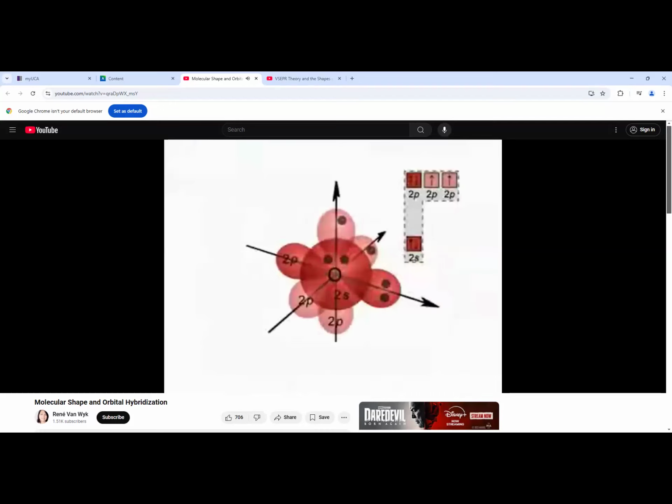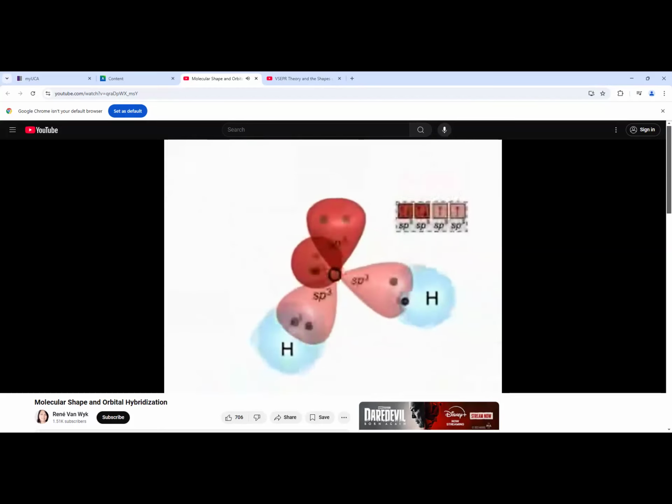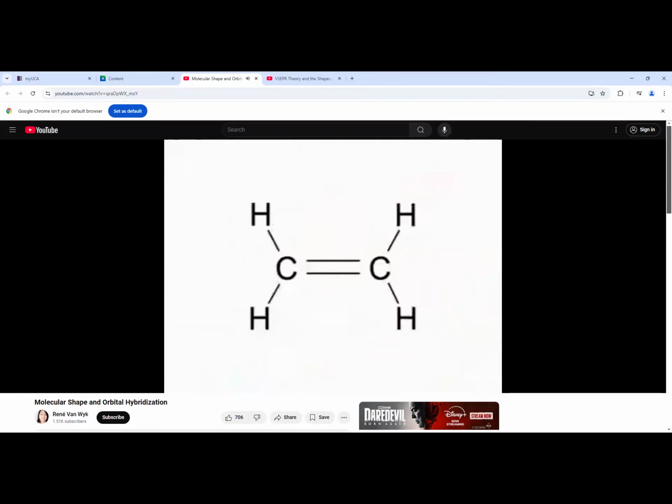In the water molecule, the oxygen has undergone sp3 hybridization. Two of the sp3 orbitals are filled with lone pairs, and the H atoms overlap the other two to form two O-H bonds.